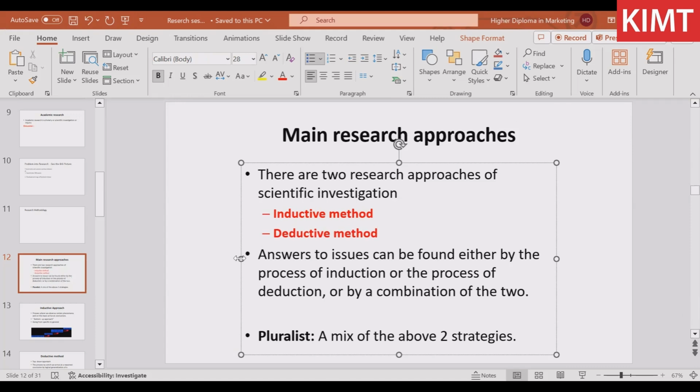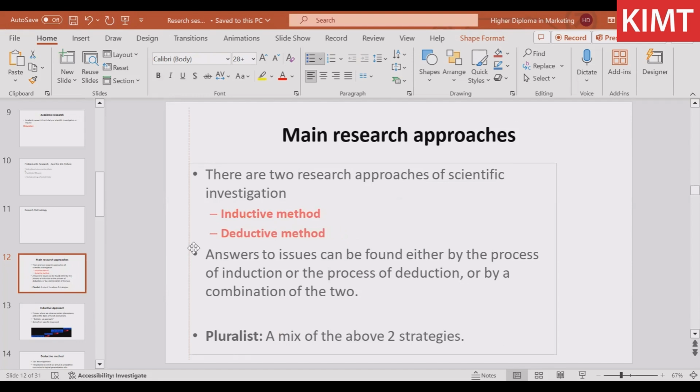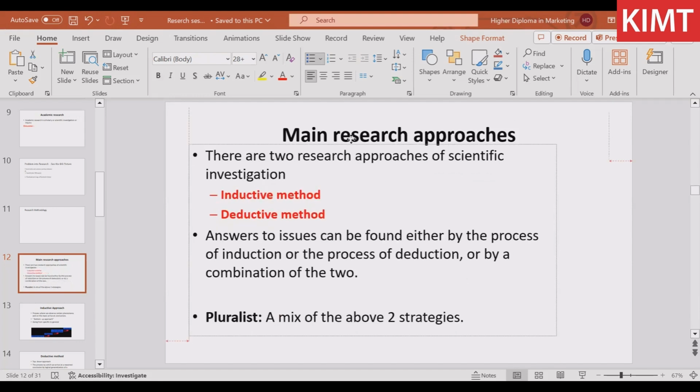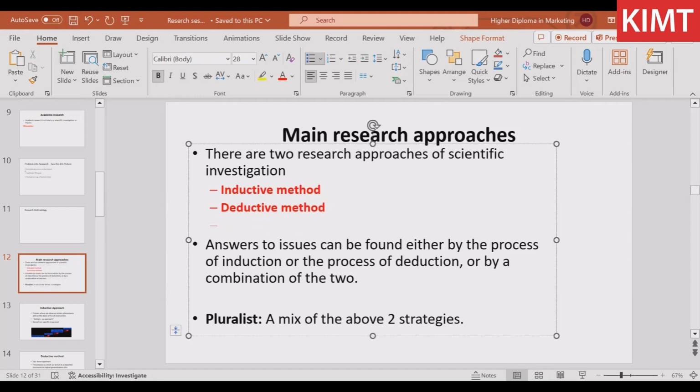Actually this happens when you do a research and not only for a proposal. Let's say you are doing a research. You ask a respondent, meaning the one who answers your questions. You ask one question this way.